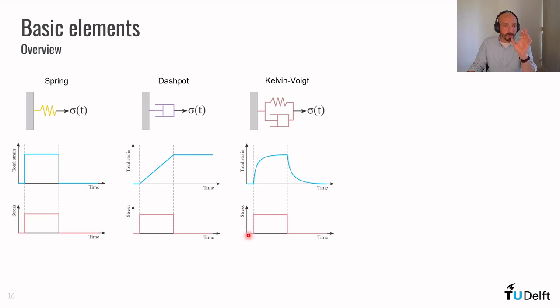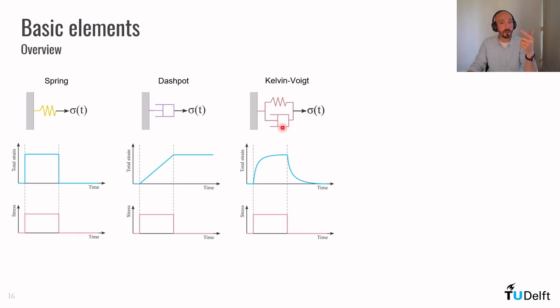When we apply a stress here, in the moment that we apply a stress, the deformation on this spring is 0, which means that the stress that this spring produces is 0, which means that the stress perceived by this dashpot equals the stress we apply here, which is the highest stress.